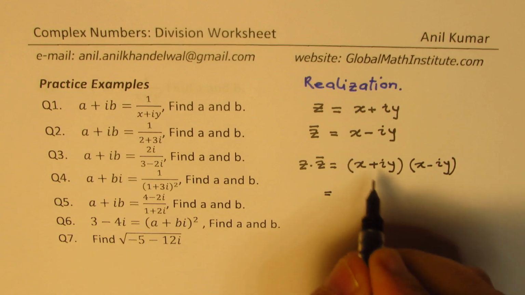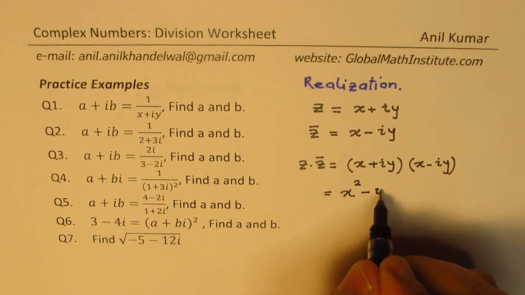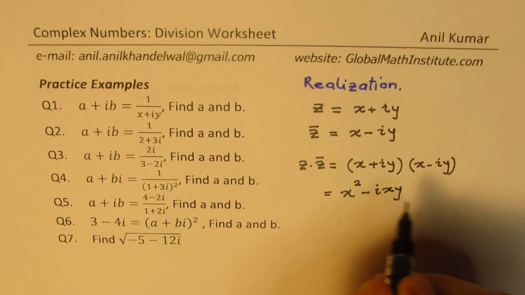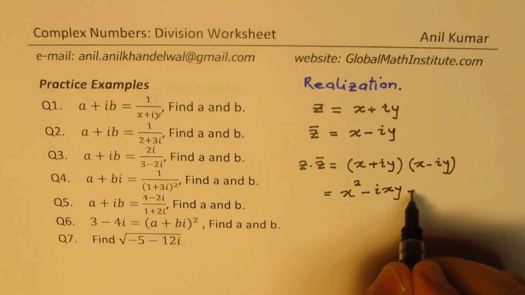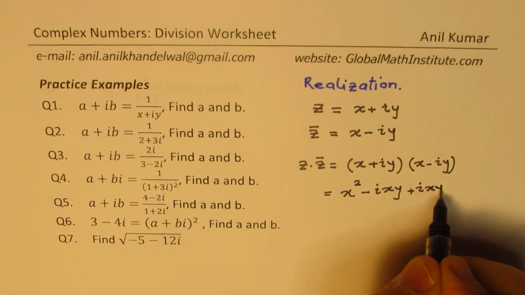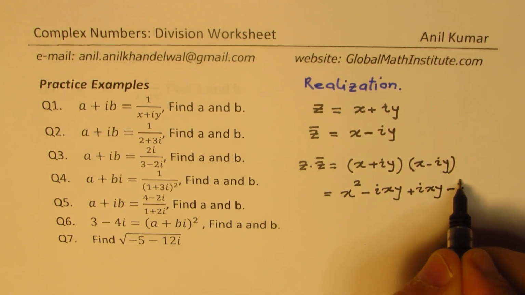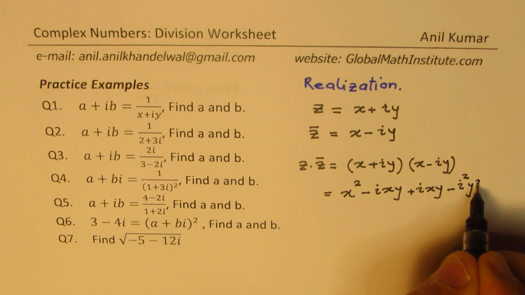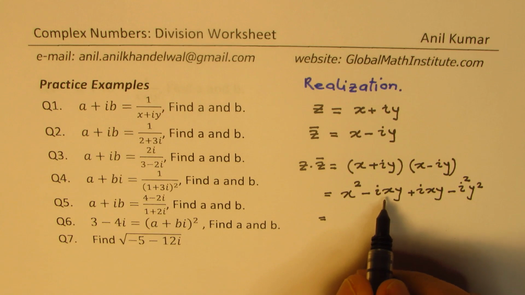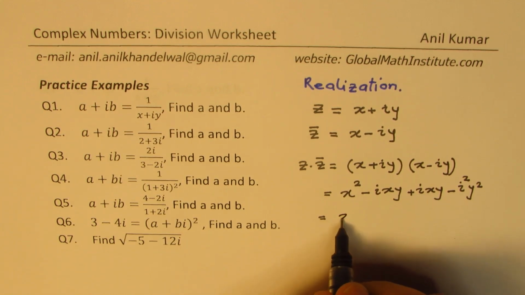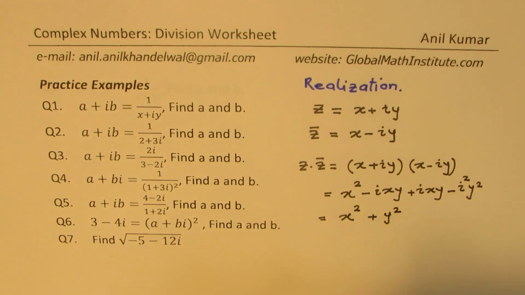So when you multiply, you get x squared minus ixy, plus ixy, and that gives you minus i squared y squared. Now i squared is -1, and these two terms here cancel out. So what we get here is x squared plus y squared.